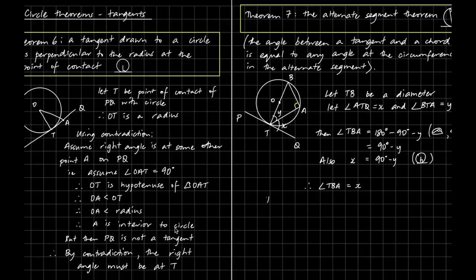So maybe I'll just state that there and say this will hold for any angle in the same segment, by that one there. Alright, so that's the proof of those two circle theorems with tangents.